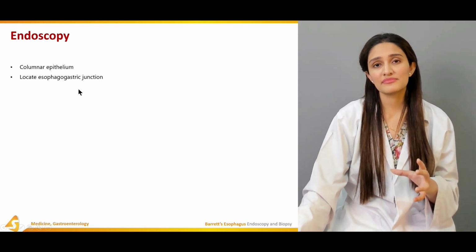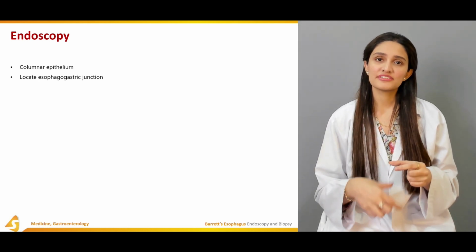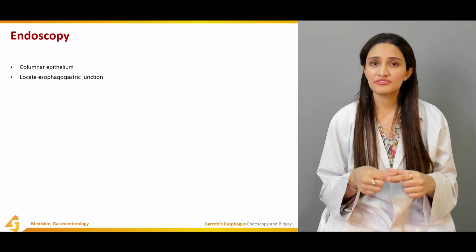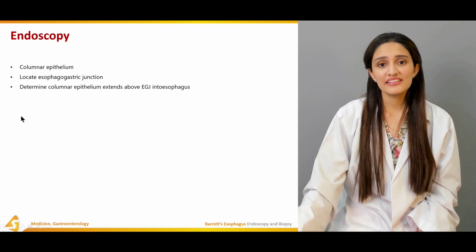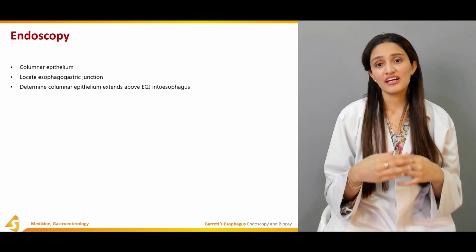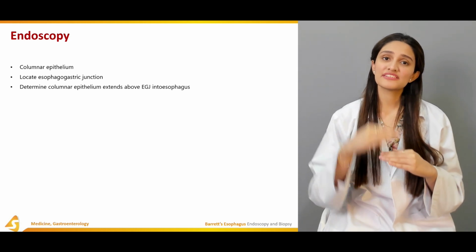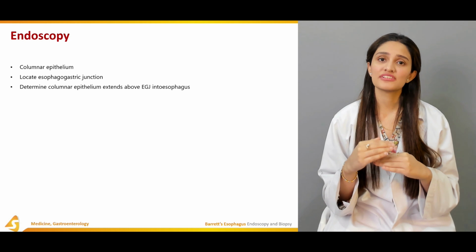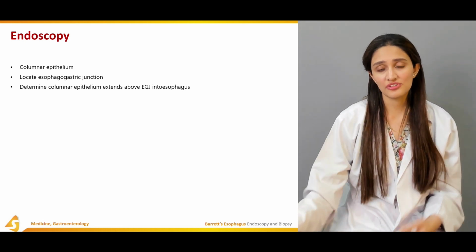The esophagogastric junction, that I've mentioned before, is the junction between the esophagus and where the stomach starts. And then he has to determine the columnar epithelium extension above the esophagogastric junction. If the columnar epithelium is present above the esophagogastric junction, that can be ultimately diagnosed as Barrett's esophagus.